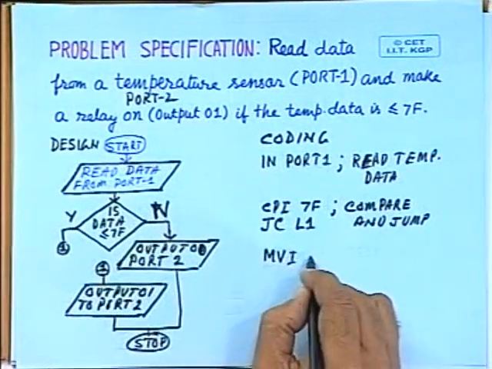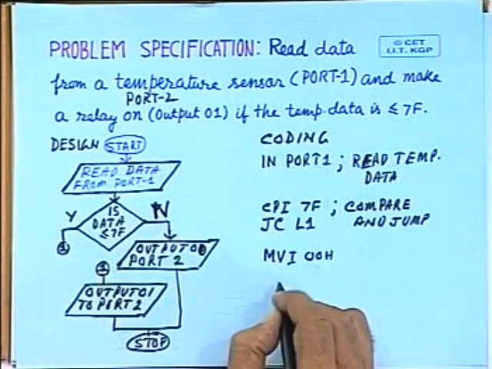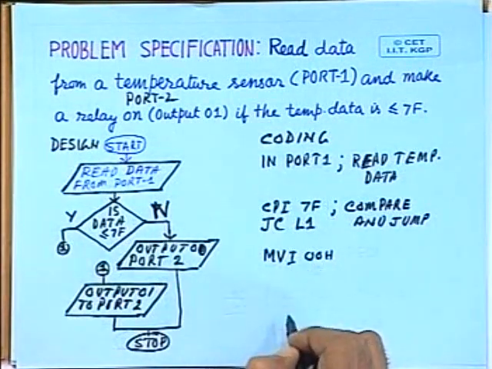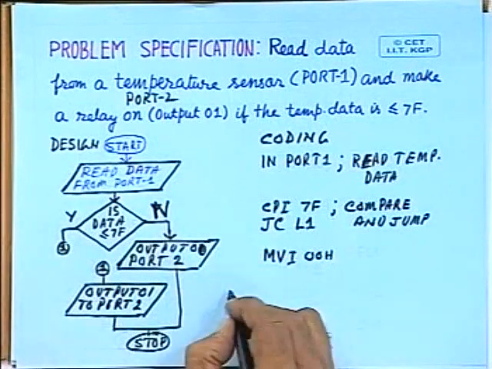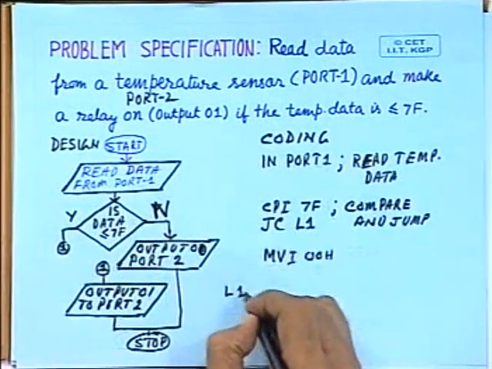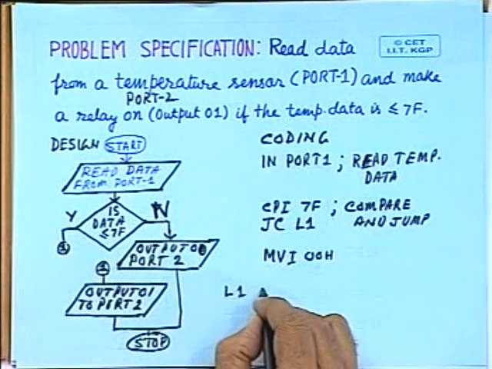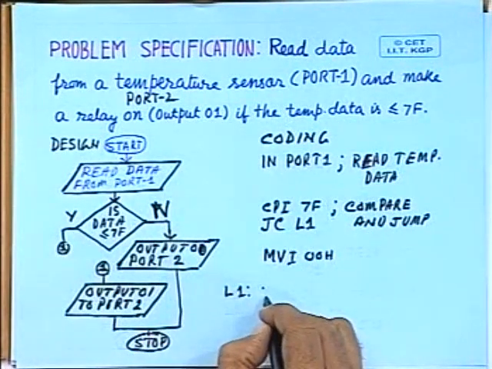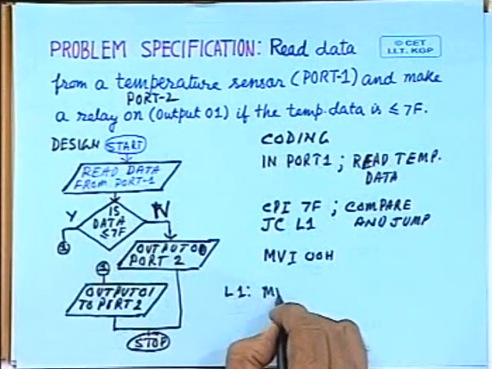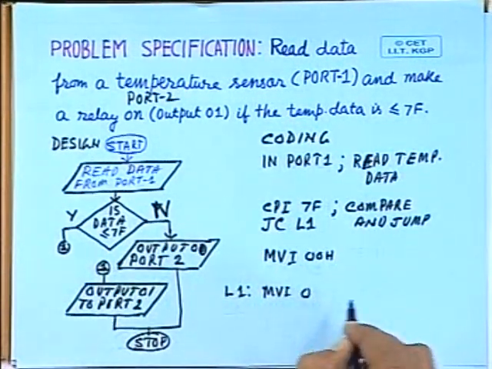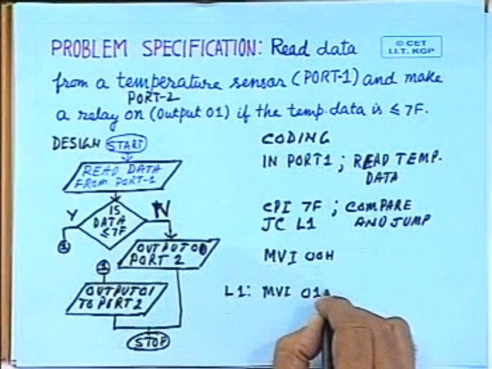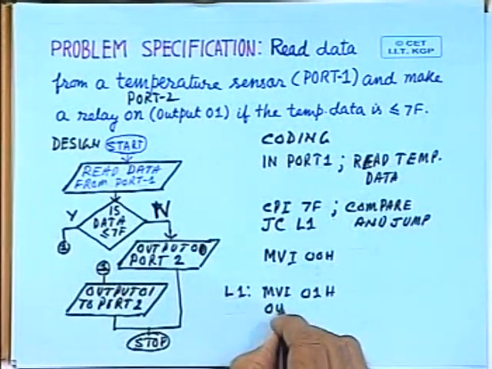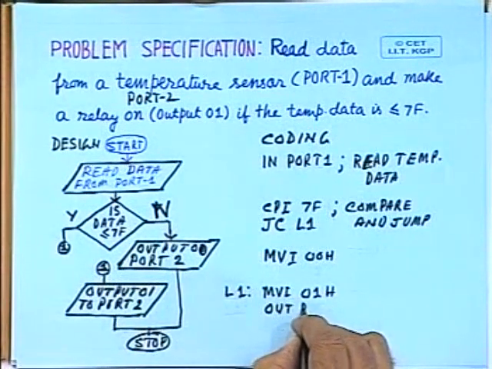So MVI 00H, and however we would like to do this one first. Say L1, in this case you have to output 01, so at L1 we put the label here, then we write MVI 01H. And then you output this data to port 2.